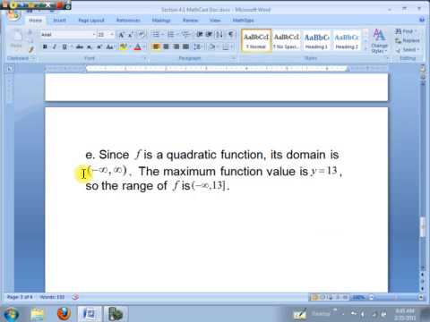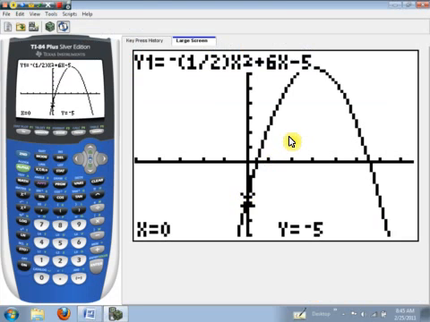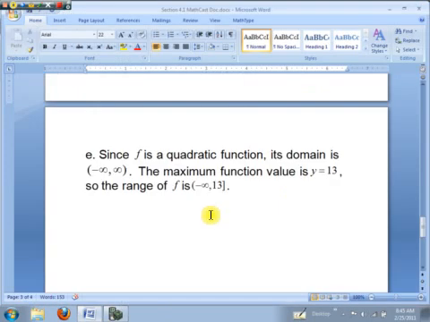Notice here the y values can't go past the vertex, which is 13. So all of the function values have to be 13 or less. And if we want to write that using interval notation, to write 13 or less, we would write negative infinity to 13, closed on the right side, and of course, since we have infinity, open on the left side.